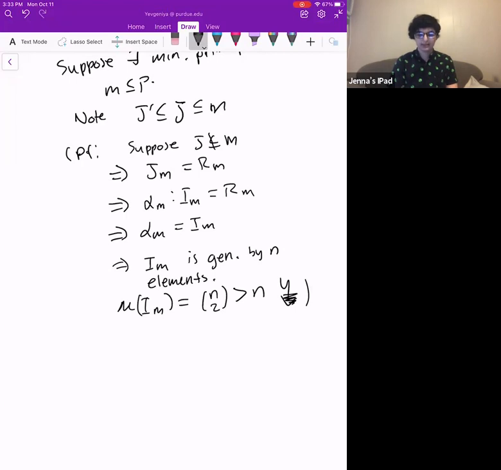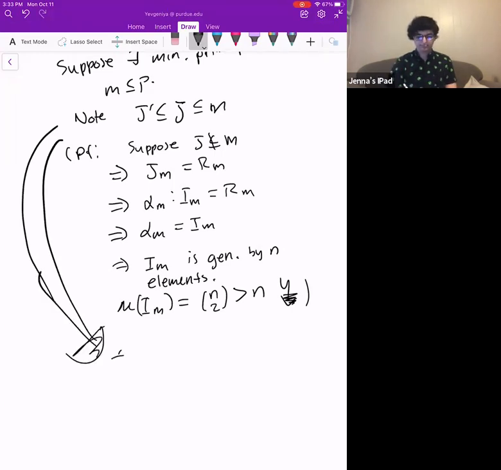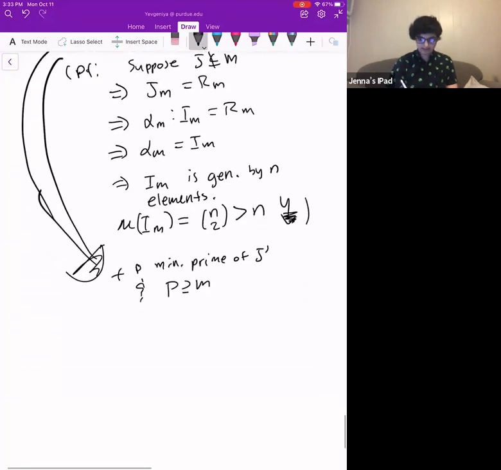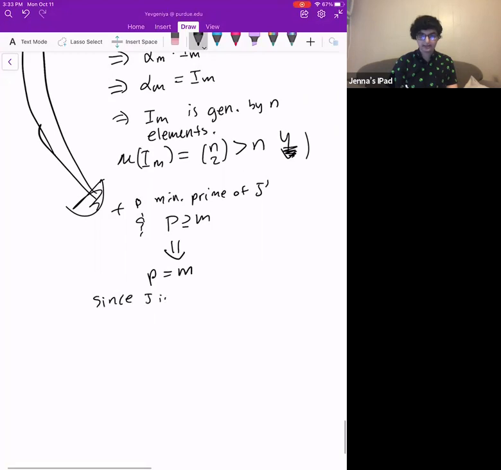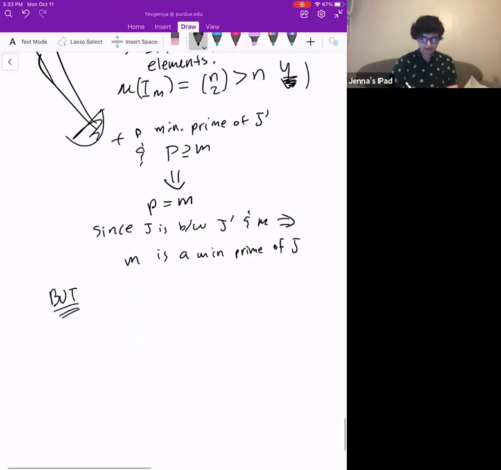So now we have that J prime is contained in J is contained in M. And then we're also going to use the fact that P is a minimal prime of J prime and that P contains M to say that P then has to equal M. And since J is between J prime and M, we get that M is also a minimal prime of J. But we know that I is Cohen-Macaulay.